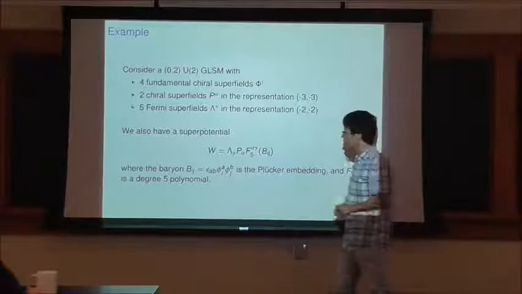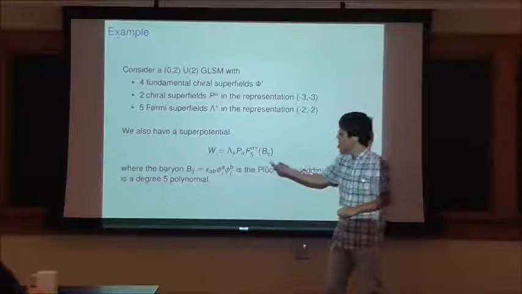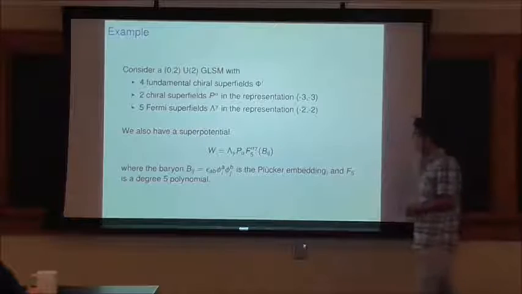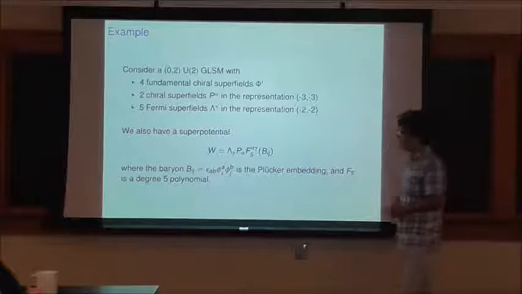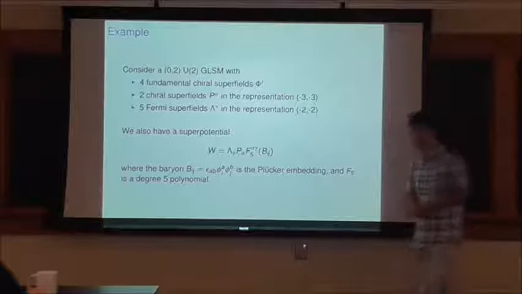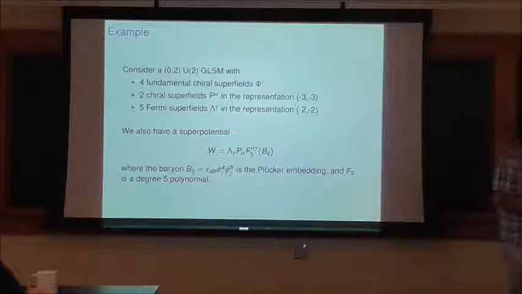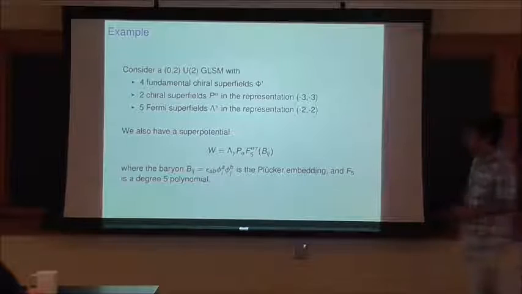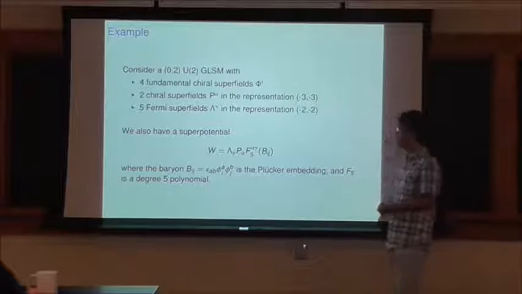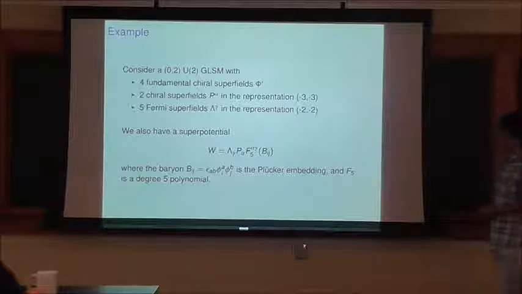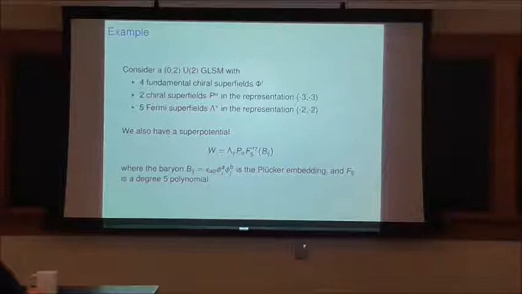Also, we want to have a 0,2 superpotential of the J type of this expression, where f is a degree 5 polynomial of this quantity we call Bij. In terms of physics, it's a baryon constructed by anti-symmetrizing 2 chiral superfields. Mathematically, this is exactly the local coordinates on the Plücker embedding, where you embed a Grassmannian into a larger projective space. So that's the meaning of this quantity Bij, and we are using a degree 5 polynomial.